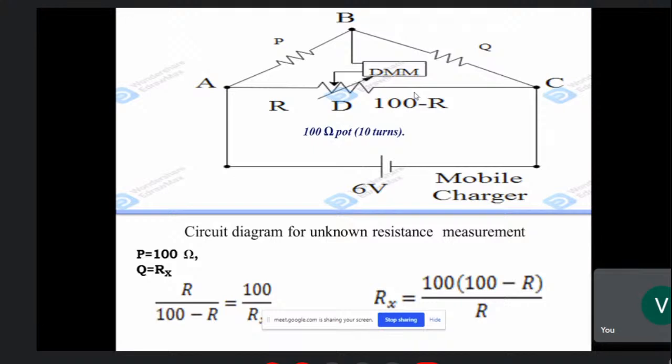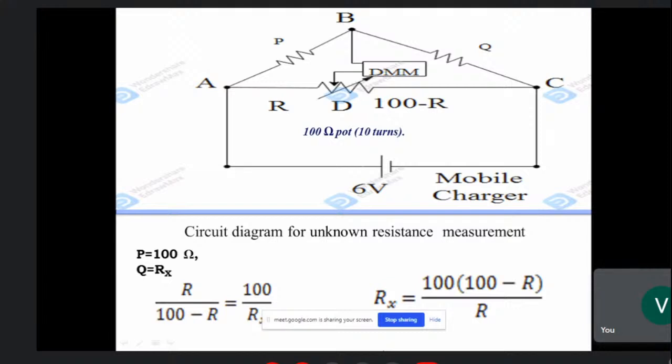You can make a measurement of great accuracy at a cost of only 185 or 200 rupees, whereas a big potentiometer with 10 turns of wire can cost you at least 3,000 to 5,000 rupees. So it is a very simple arrangement with which you can measure resistance with 1 ohm.